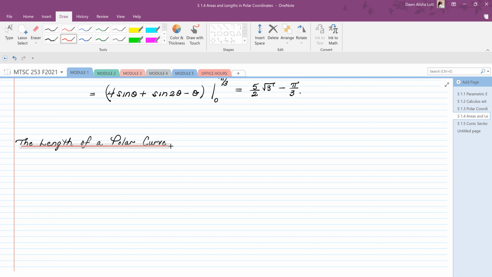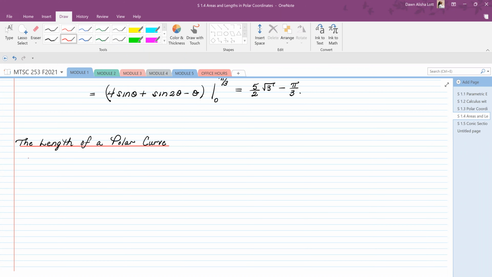Okay, so the length of a polar curve. This is not as bad as one would think. The theory develops very nicely. Again, we have to remember what we had before.